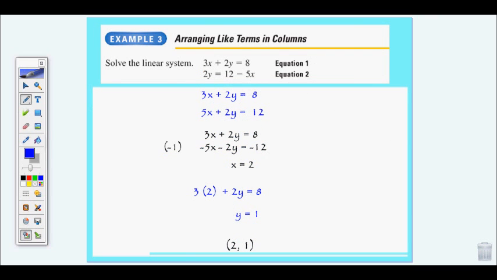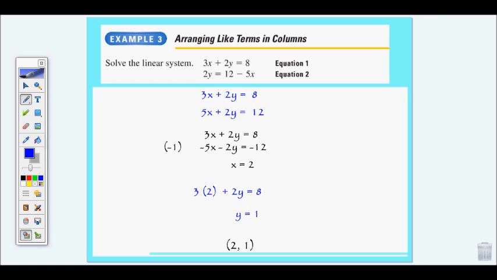So this time we start out with the equations, and they're both in different forms. We have the first one in standard form, and we have the second equation looking like it could be going into slope-intercept form because we have y isolated. So the first thing I'm going to do is put them both into standard form. So you see I have the first one the same, and then I've just moved terms around.